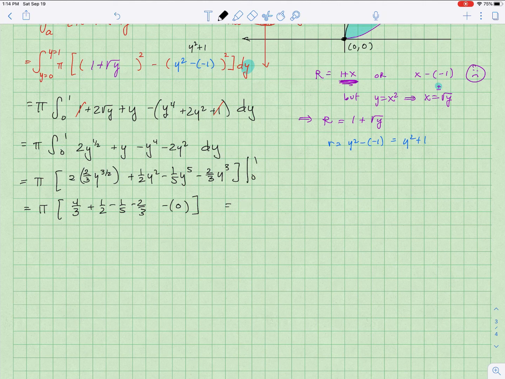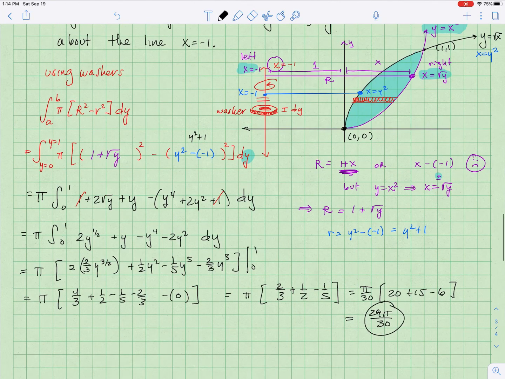Pi, and then this will be 2/3 plus 1/2 minus 1/5. So this is pi over 30. We'll multiply that first numerator by 10, so that's a 20, the second numerator by 15, and the third numerator by 6. And so 29 pi over 30. And hopefully I haven't made a mistake there.